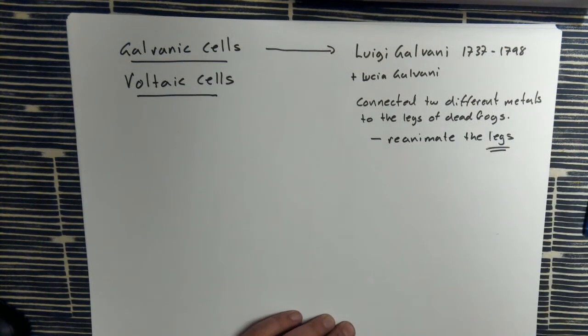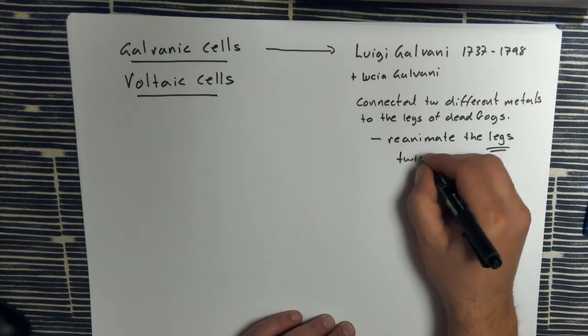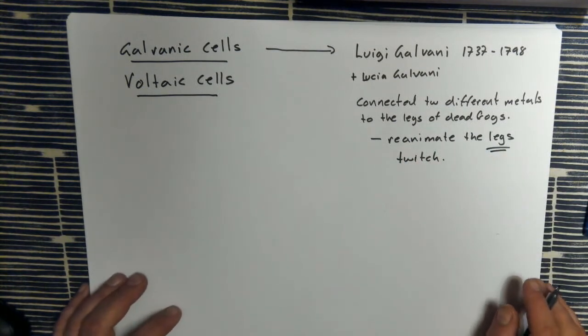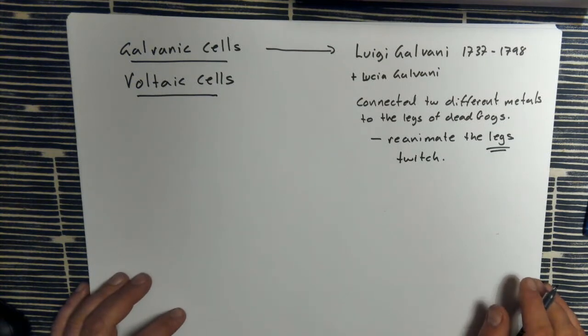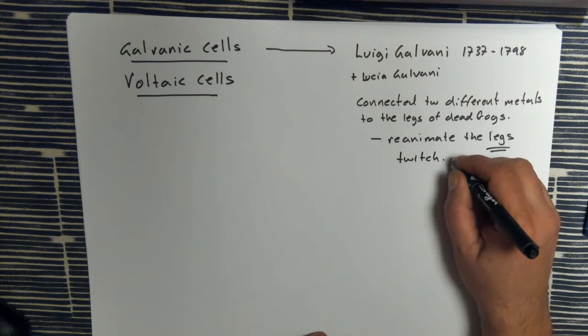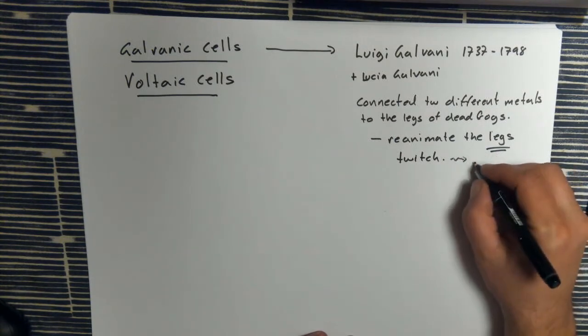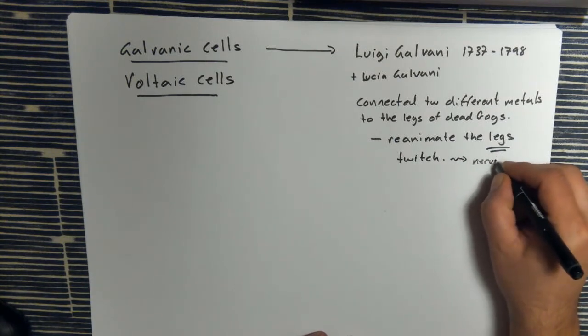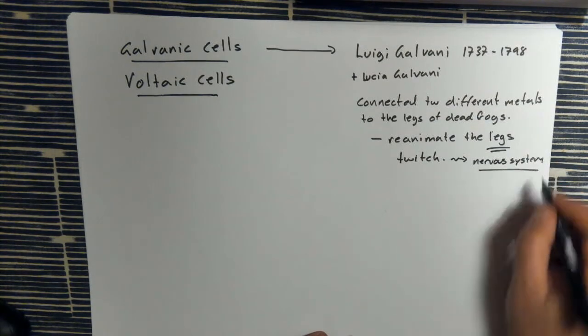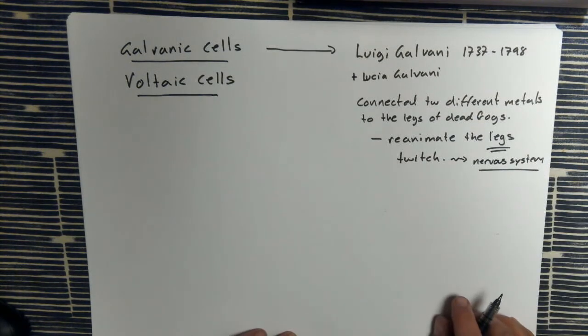So the legs actually started to twitch. And for a long time then we thought, and that's what we call galvanism, and what that actually helped us discover was something about the nature of the nervous system, which is basically an electrical system.